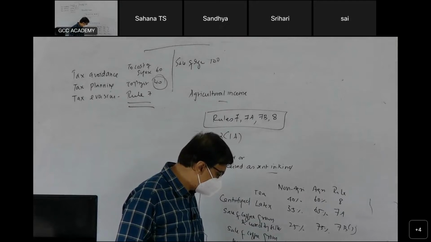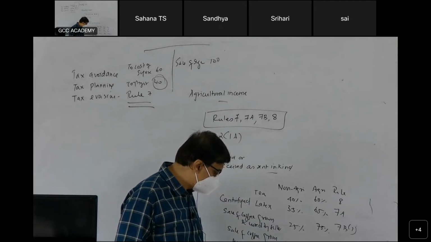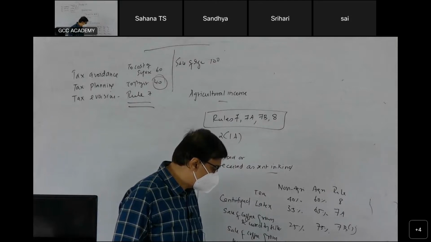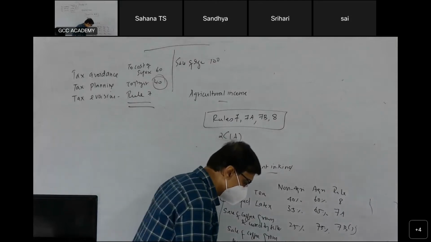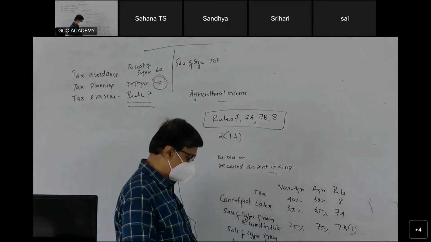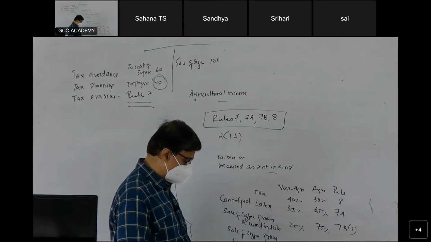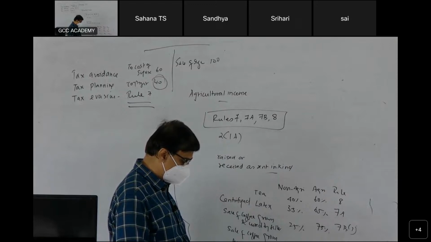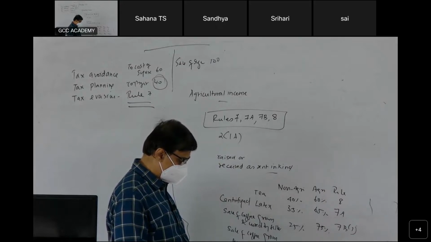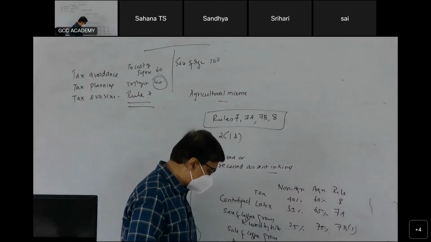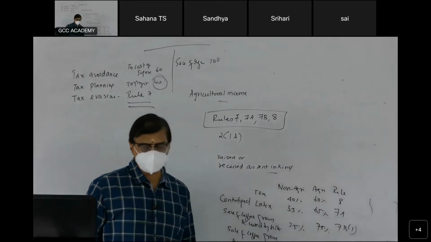Other manufacturing cost 6. Sales turnover of sugar 22. Determine agricultural income and non-agricultural income.